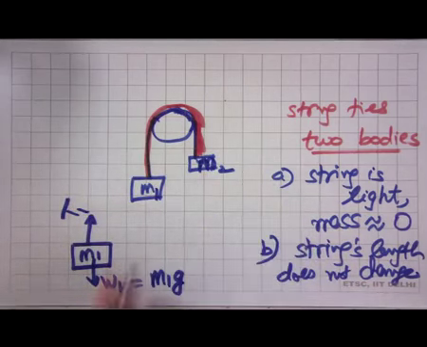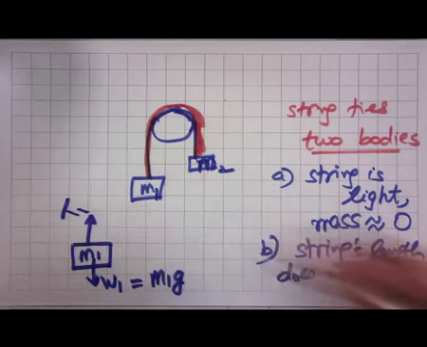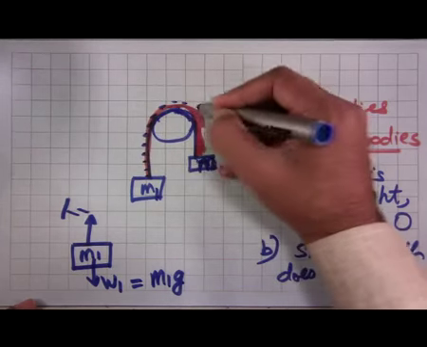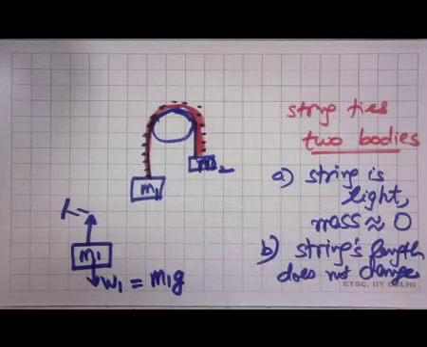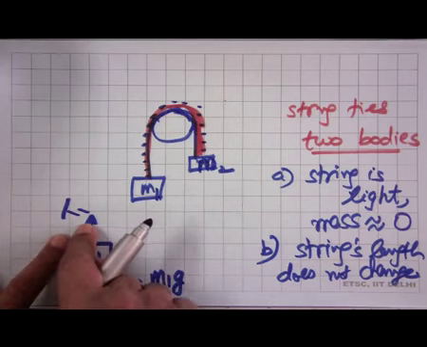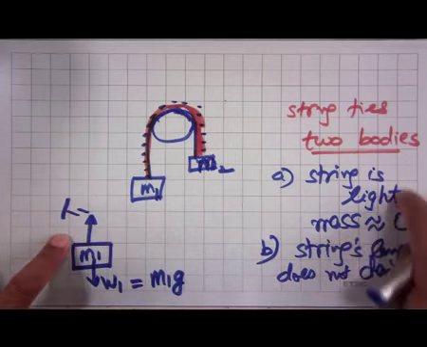Now, if the string is light and its length does not change, then as we traverse along the length of the string, the magnitude of the tension T does not change. And this is because when the string is light, then even if we look at mass times acceleration, that will be nearly equal to 0.